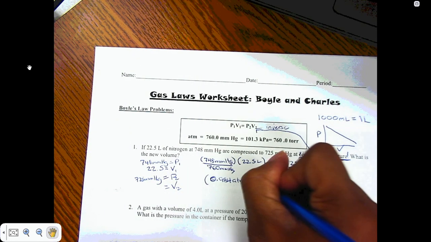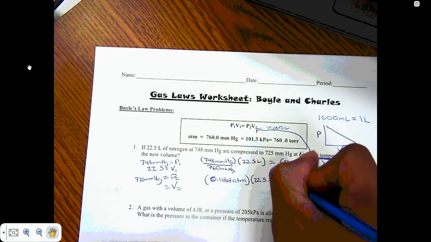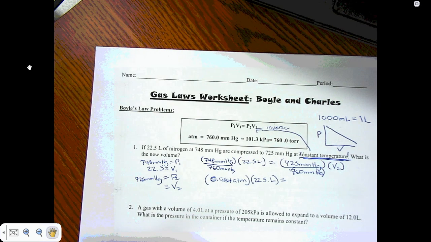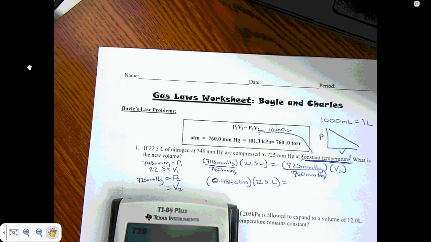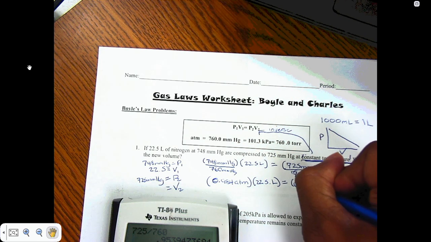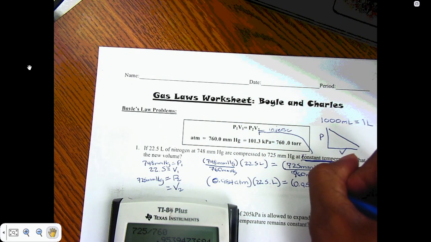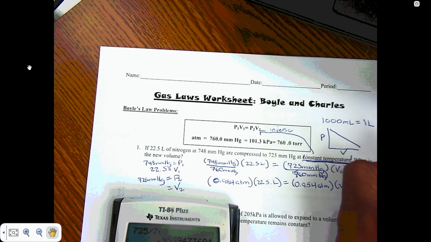I'm still going to end up multiplying that by the 22.5 liters. And I'm going to go ahead and proceed to divide this 725 by 760 to convert that to ATMs. That yields 0.954 ATMs. And my V2 is still unknown.